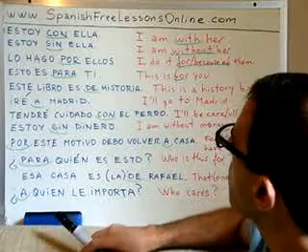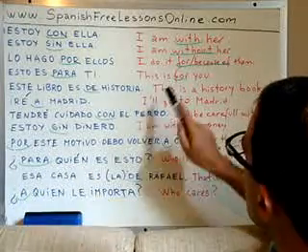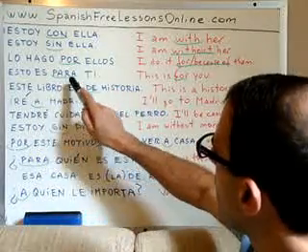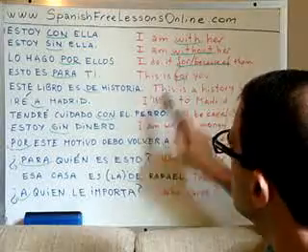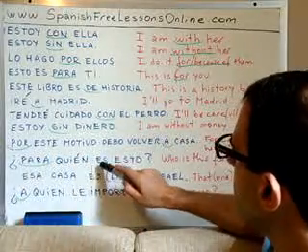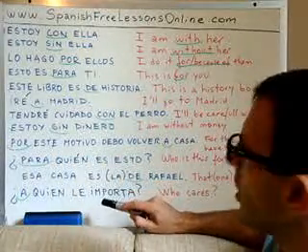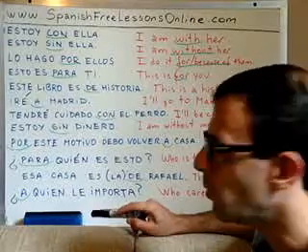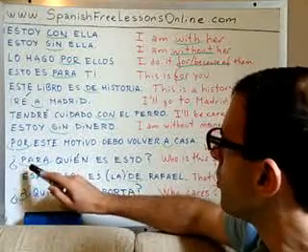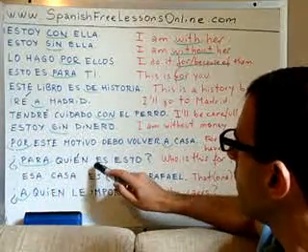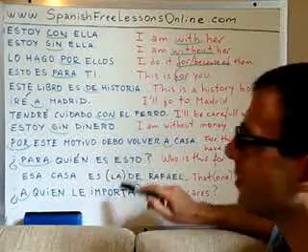Para means for, as here, right? Esto es para ti. This is for you. ¿Para quién es esto? If we translate this word by word, it would be for who is this?